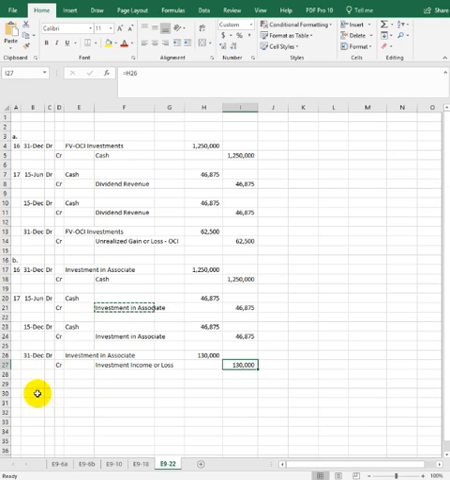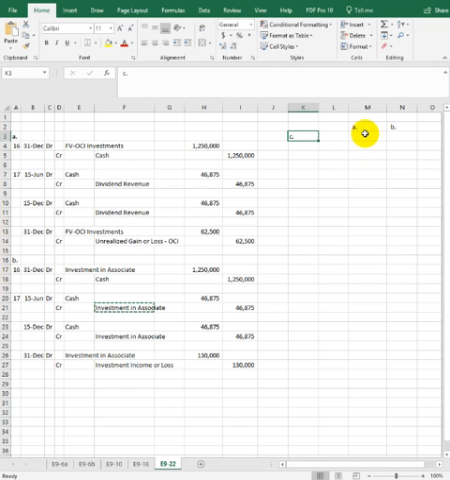So part C of the question asks us, let's go up here so we can see all of the information still. Part C asks us what would happen on the statement of financial position, so the balance sheet. So this is under Part A rules, and this is under Part B rules.